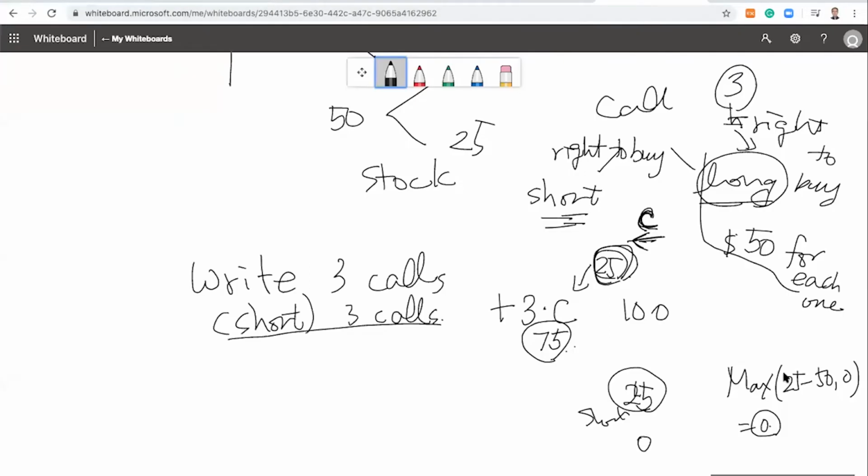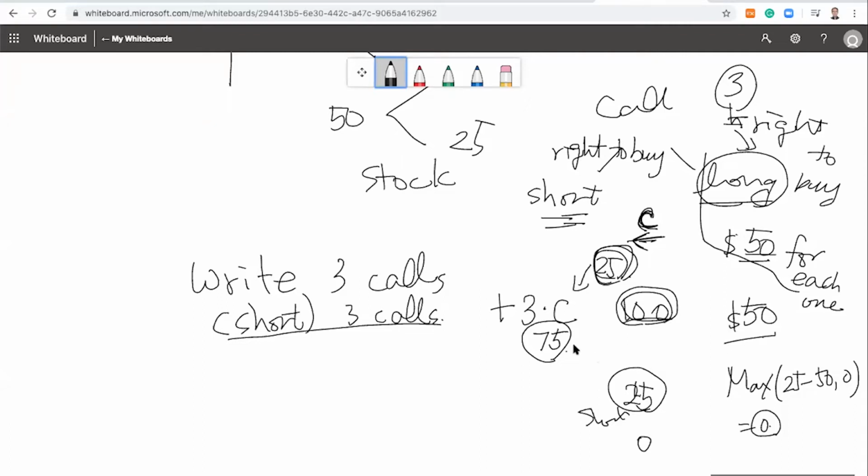And then if you are on the long side and the stock price is $100, you have the right to buy this 100 worth stock by just paying $50. So for each one in the long position, you have $50 profit.